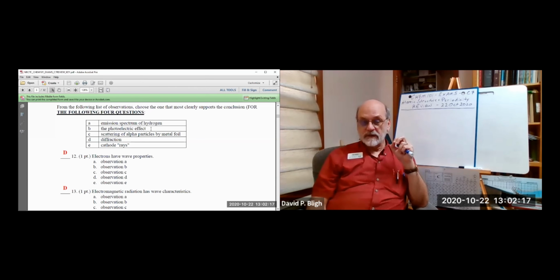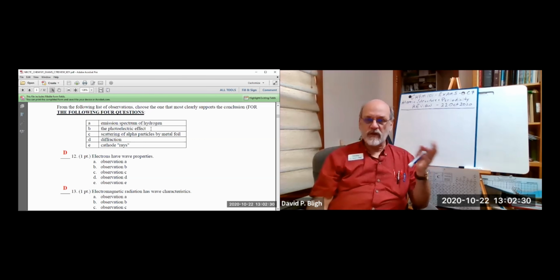That is a quantum effect. Scattering of alpha particles by metal foil. That really doesn't have anything to say about either one. That's just put in there to confuse you.